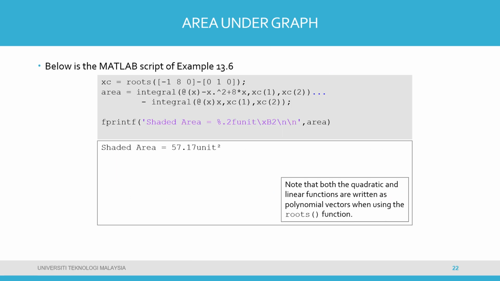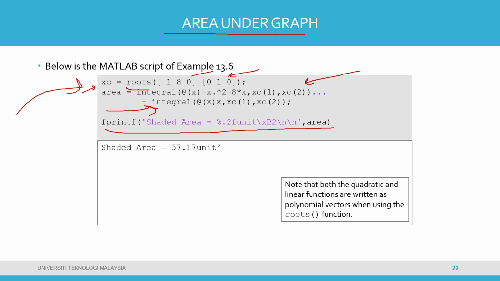Based on this problem, you have to write a Matlab script. First thing, of course, you need to find the root. Remember this one minus this one, you will find the root. Basically you find the xc, and then how to get the area? Remember the integral of the parabola, and then you subtract the linear equation, and then you just print the shaded area.